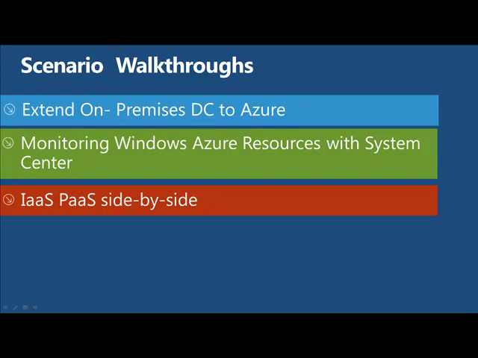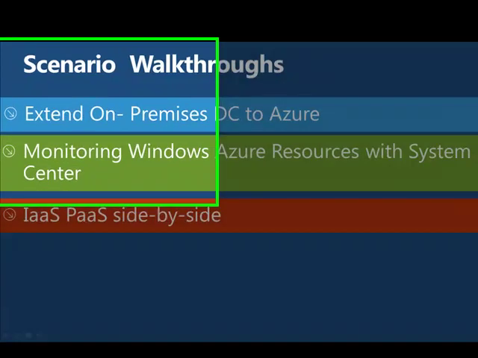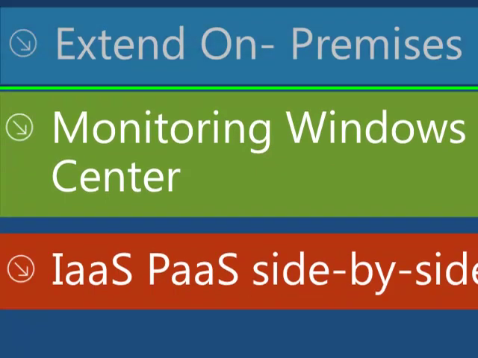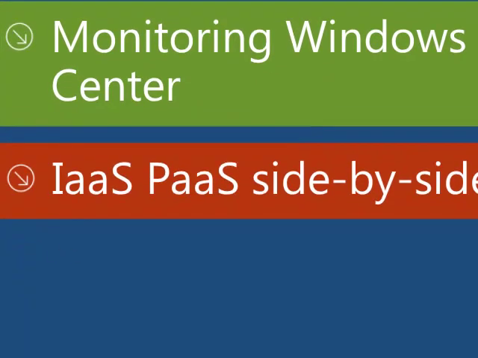Some of the scenarios that I talked about were extending the data center to the cloud, the ability to manage cloud and on-premise resources using a single glass or a single tool, and then of course the ability to combine the benefits of IaaS and PaaS side by side. So I'm going to show you some quick examples of these ideas in action.